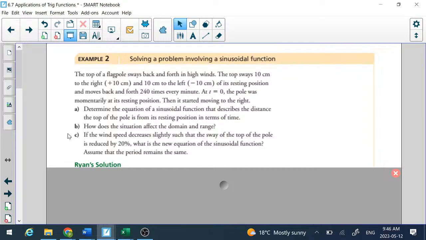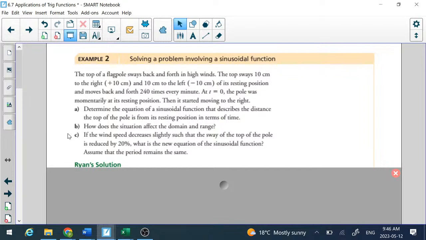Plus, your C value is zero, what's your D value? The axis is 10 minus 10, so it's zero also, correct? So your C value and your D value are zero, but that number is not correct. That's your period. So how do we find that? Here's a trick for you.